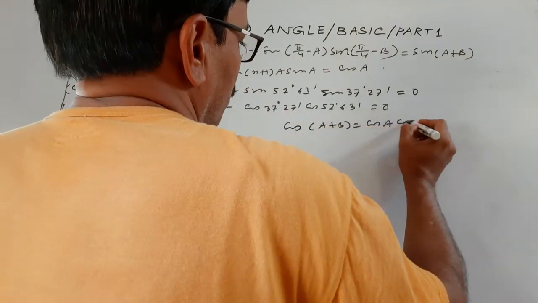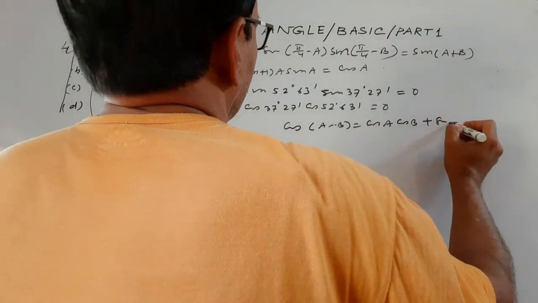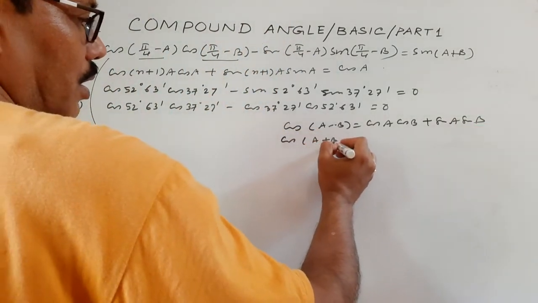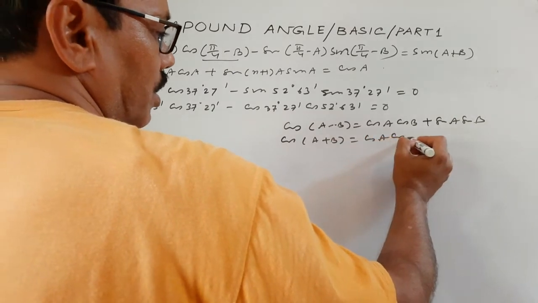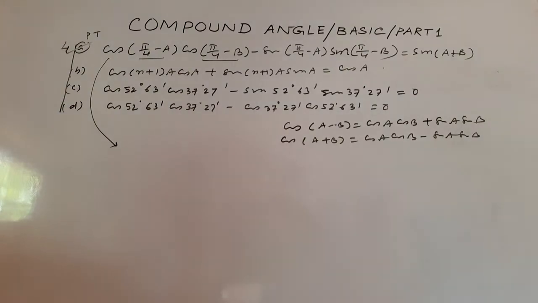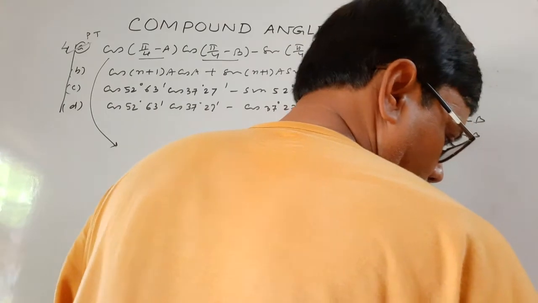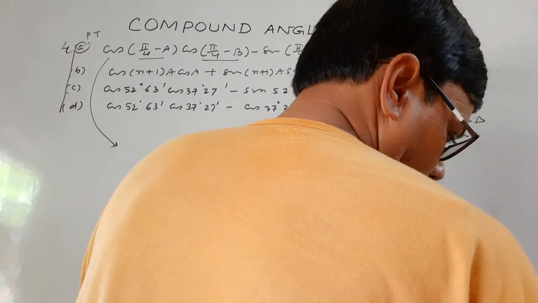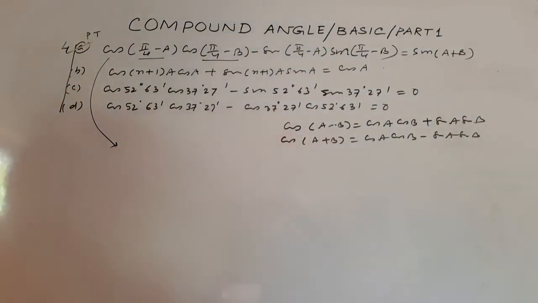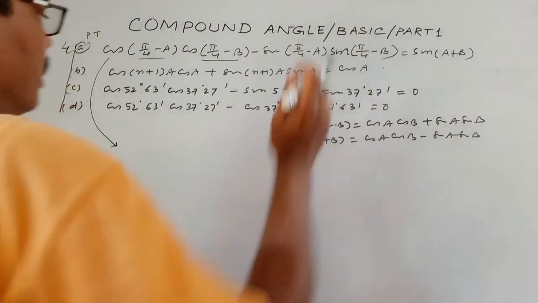Cos A cos B. Cos(A minus B) equals cos A cos B plus sin A sin B, and cos(A plus B) equals cos A cos B minus sin A sin B. So this is the expanded form.